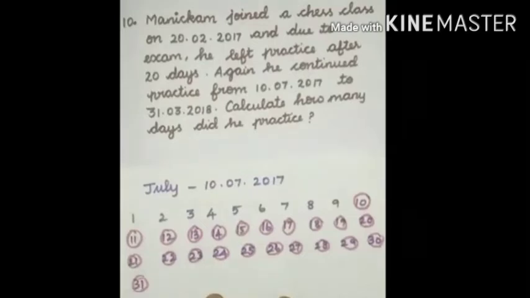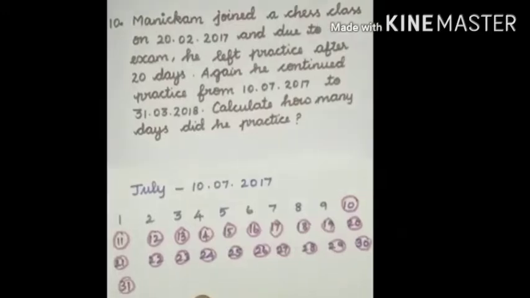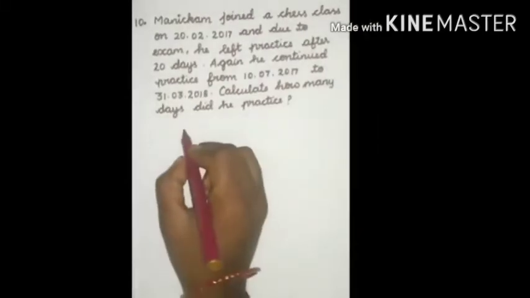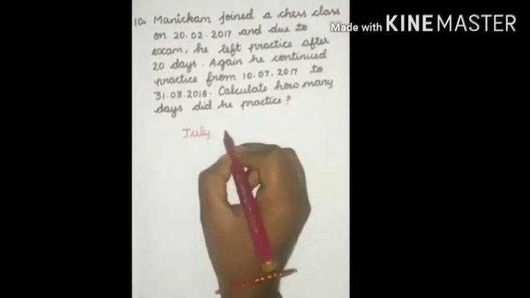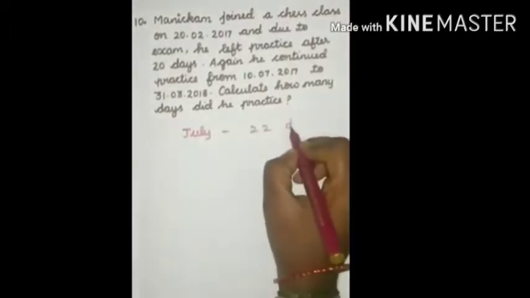So in the month of July, he practiced 22 days. The total number of days in July month is 31. From that, he practiced 22 days.